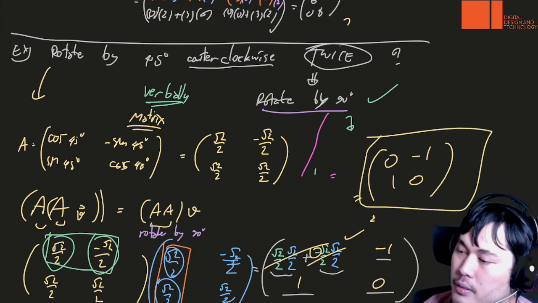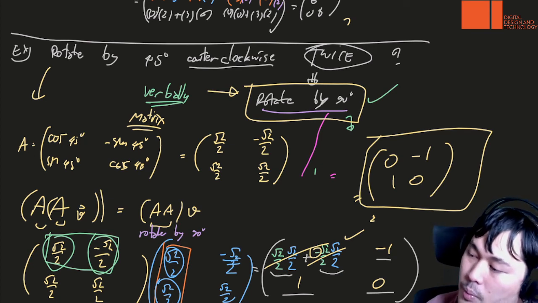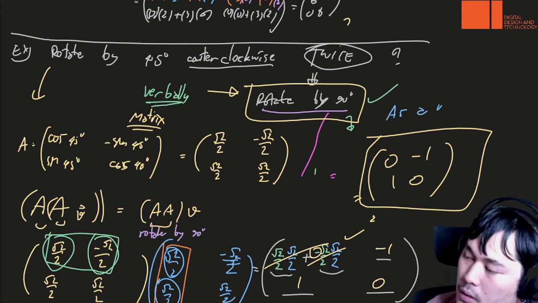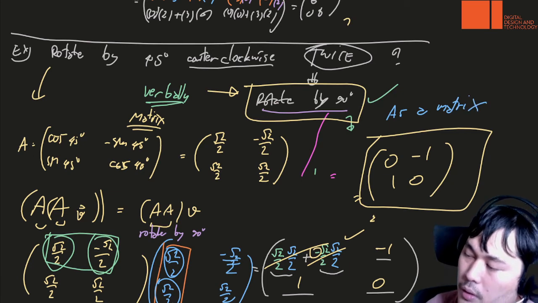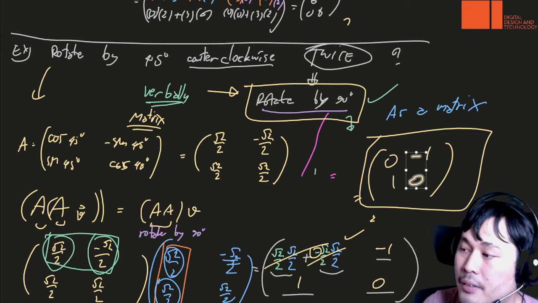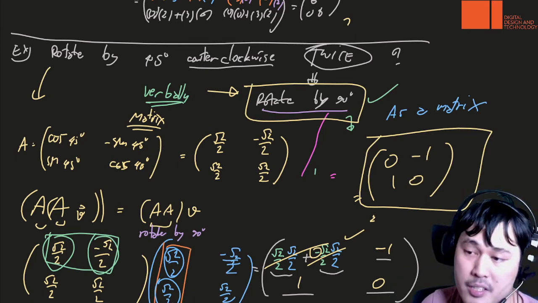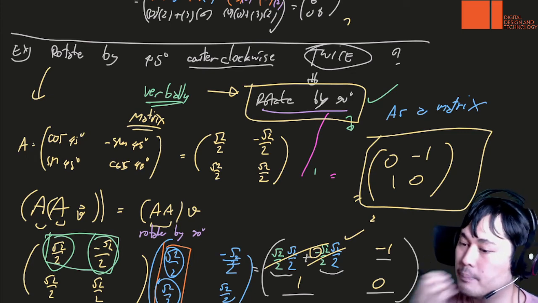So these two are the answers. Verbally, we get that. Then, if you use a matrix, we get this one. And so that's the second example of a composition of transformations.